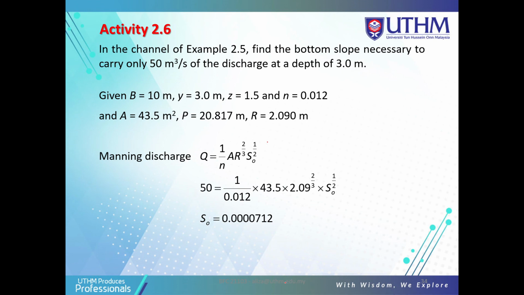You can use these equations to find the S naught. You must read the questions properly and understand what the question wants you to find. If you know, you can do your calculation. So you get the S naught here.